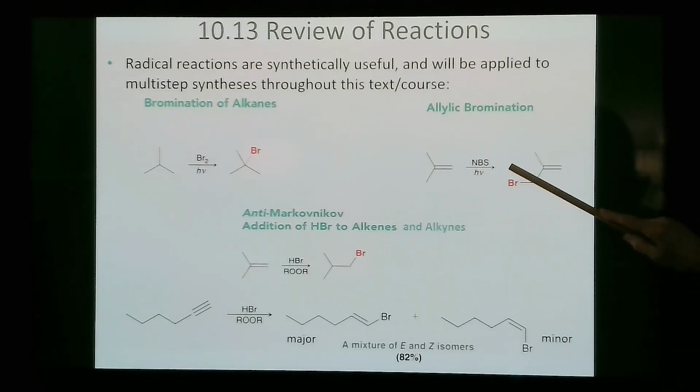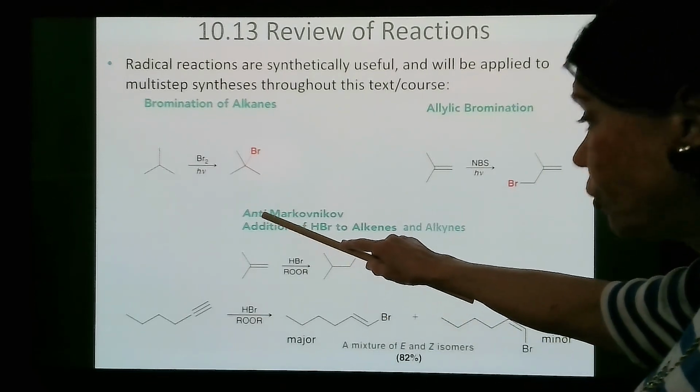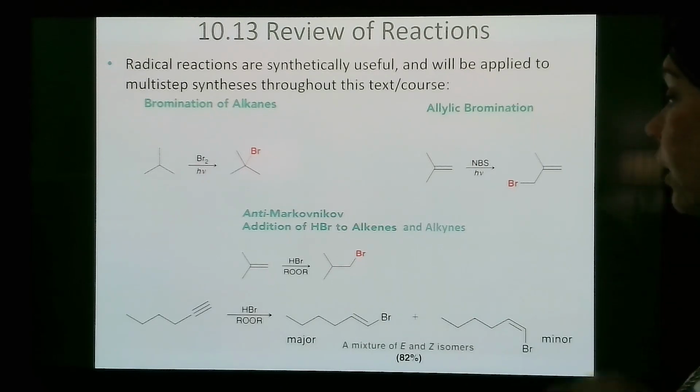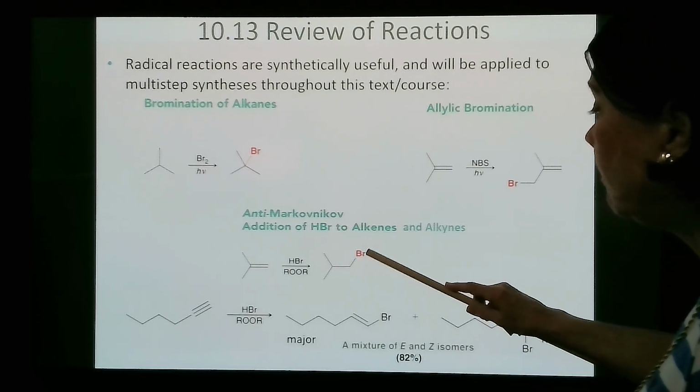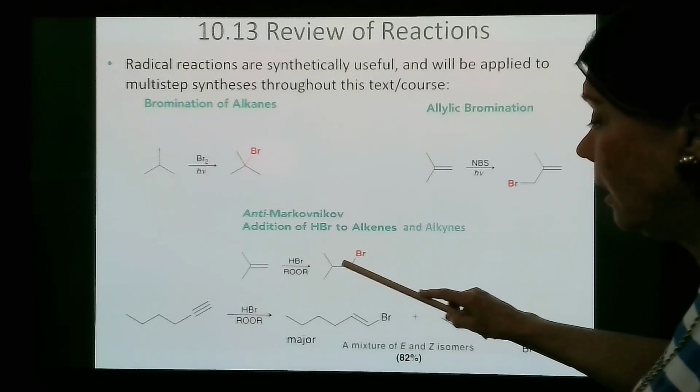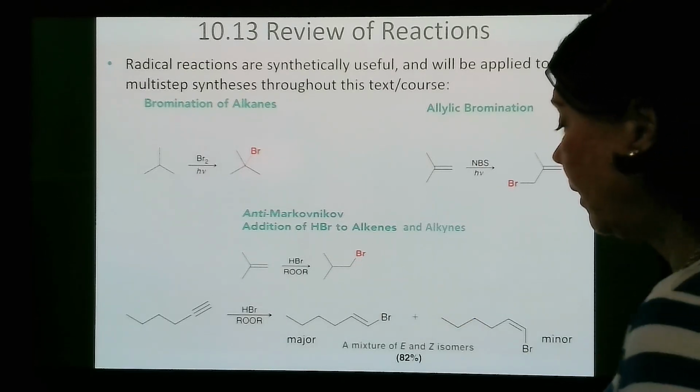And this was also in this chapter, but just a few sections ago as well. And here you get only allylic bromination. And then as you just saw a few minutes ago, you can get anti-Markovnikov addition, in which you get the bromine being attached to the less substituted end of the carbon-carbon double bond.